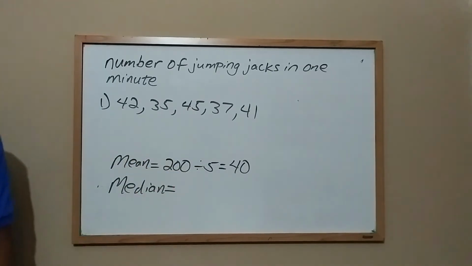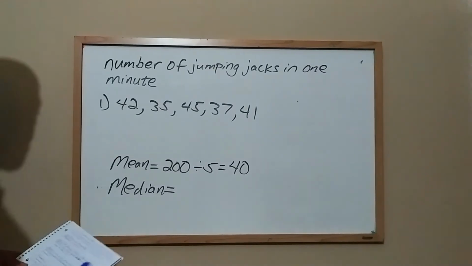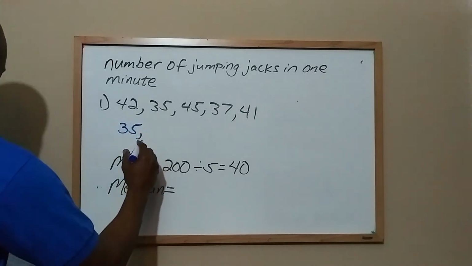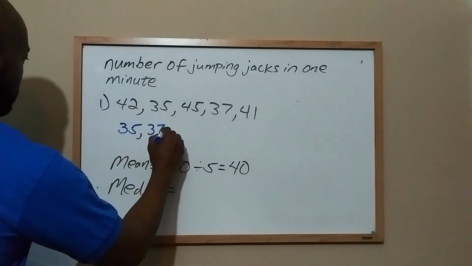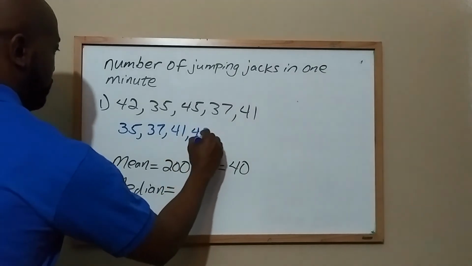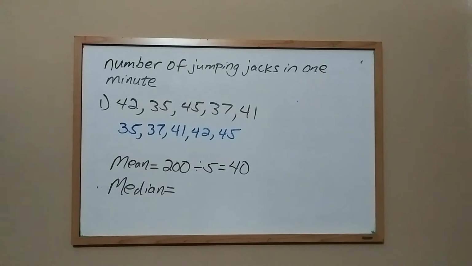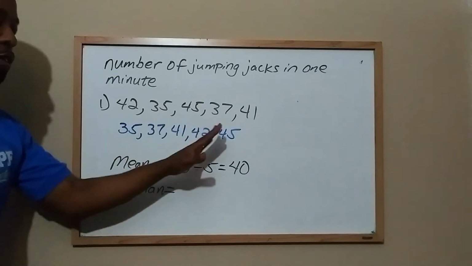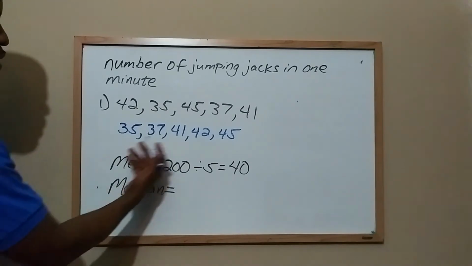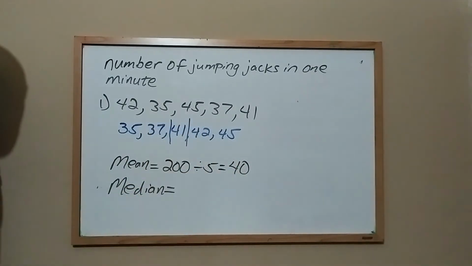So let's do that. The smallest number is 35. And then we'll have 37, and 41, and 42, and 45. So now I need the middle number for this group of numbers. I can easily look at it and say, okay, this 41 looks like it might be in the middle.